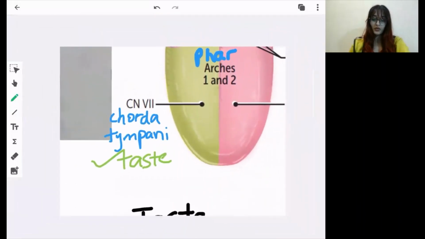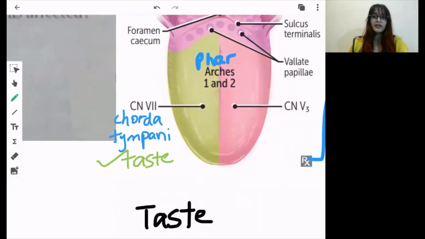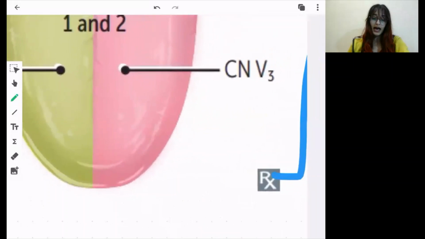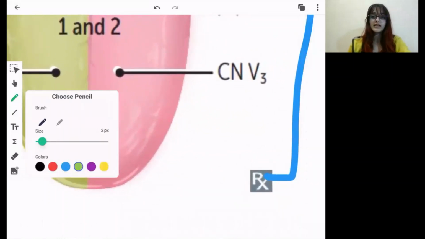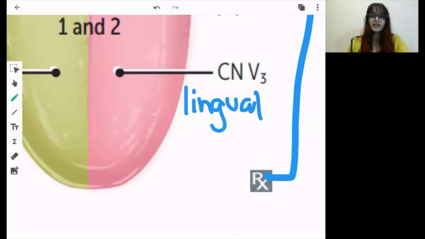It is a very important nerve, you should remember its name, chorda tympani, and it is for the taste. So the taste on the anterior two-third of the tongue is by the chorda tympani of the facial nerve. And the other sensation, that is pain and temperature sensation, is by the lingual branch of the fifth or trigeminal nerve, that is the third division, the mandibular.